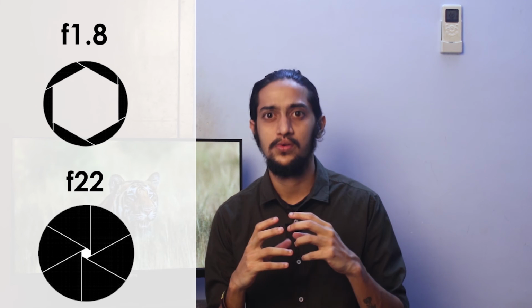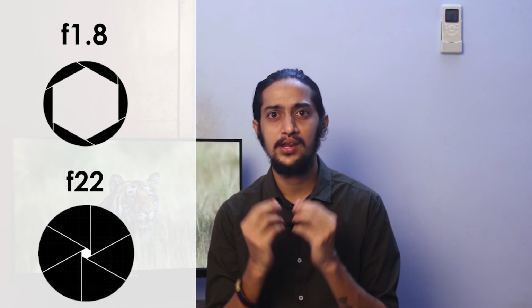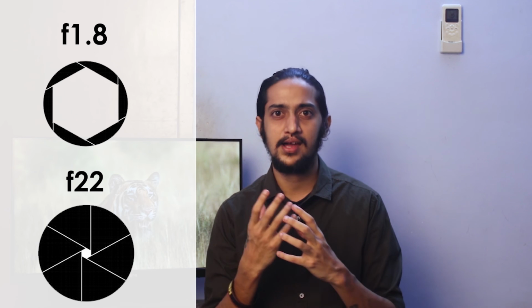In the same way, when you set your aperture to 22, the shutter opening will be very minimal, and so the light entering the camera will be very minimal. It is not just by setting the aperture that you achieve the best photograph; setting the aperture gives you the best depth of field. But for the perfect exposure, we have to control the shutter speed as well as the ISO along with the aperture to get the best exposure for your perfect image.